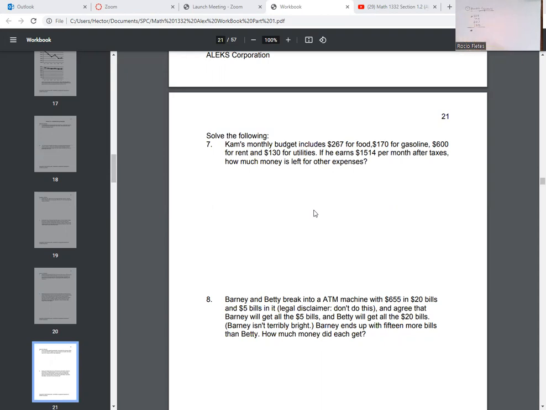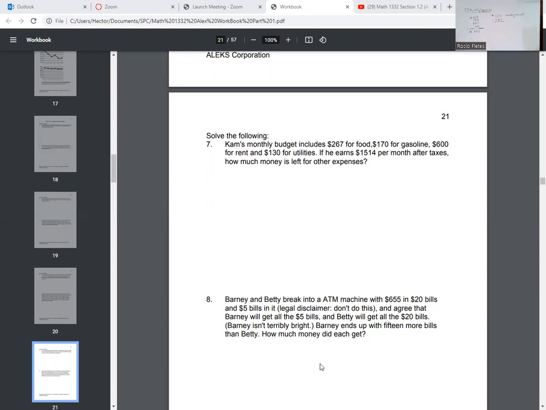So adding everything up, we can see that she has 267 plus 170 plus 600 plus 130 gives us a total of 1,167, right? She's making 1,514. This is her monthly income, right? And we're going to subtract monthly expenses.